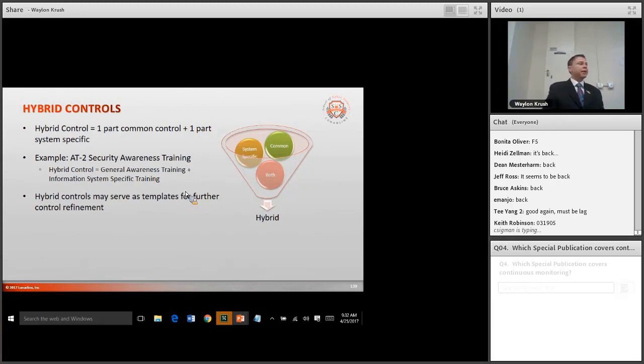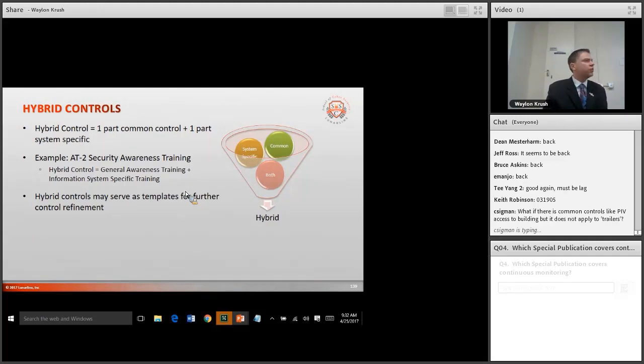There's something called a hybrid control. We have lots of hybrid controls, right? It means that one part is common, but one part is system specific. So an example would be, for your system, everybody in here, it's common that you get PIV2 cards at NASA, right? And you authenticate to Active Directory or LDAP with those. However, you might have an application server where you require that application server to be authenticated a little bit differently.